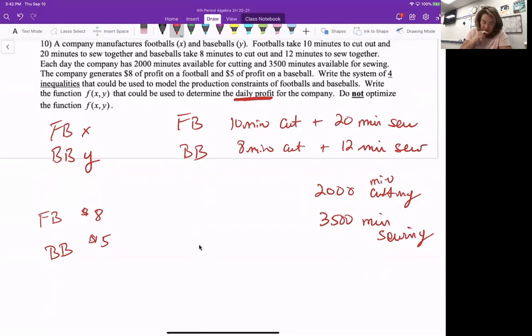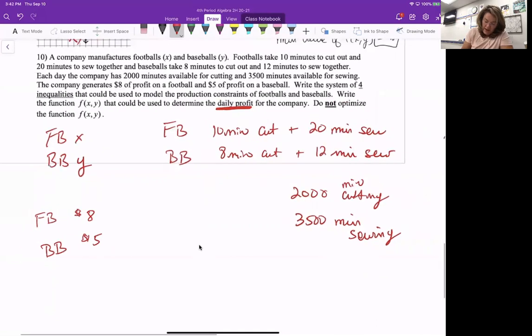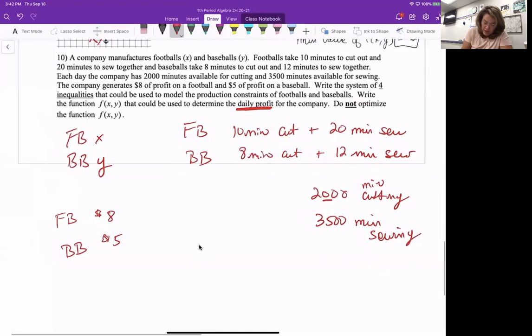This is similar to problems we did in our notes. First, let's do our system of inequalities. I cannot have more than 2,000 minutes for cutting, so I have to be less than or equal to 2,000.